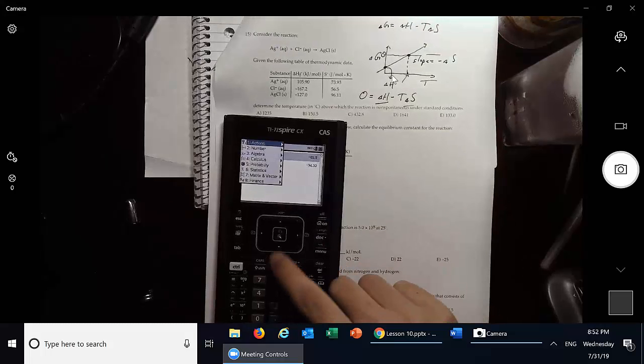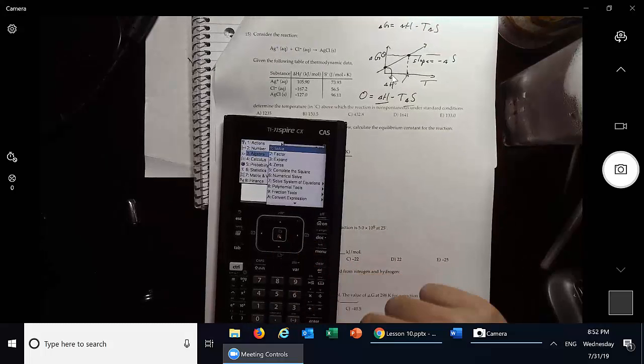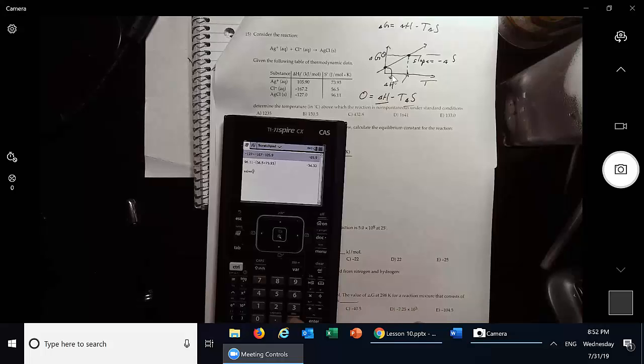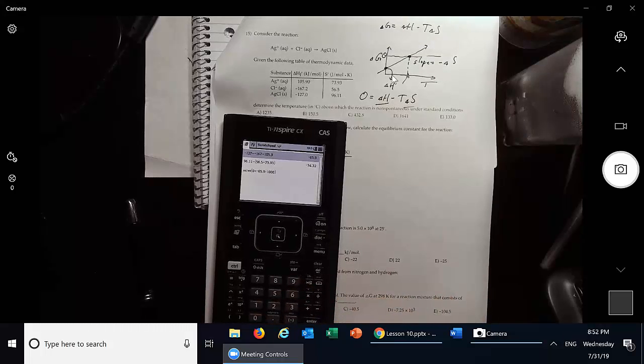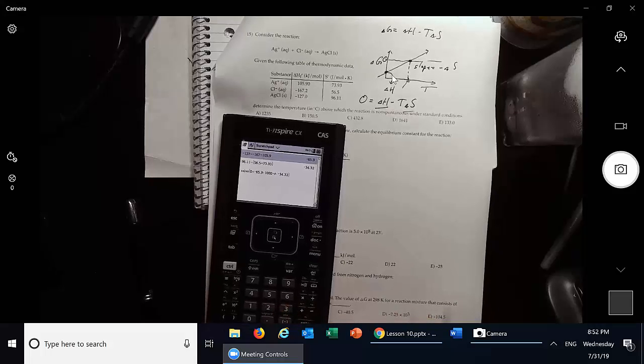So now we can solve this, and I don't feel like actually solving it, so I'll just use the solve function. So 0 equals negative 65.9 times 1,000, because there are 1,000 joules in a kilojoule, minus temperature times negative 34.32.